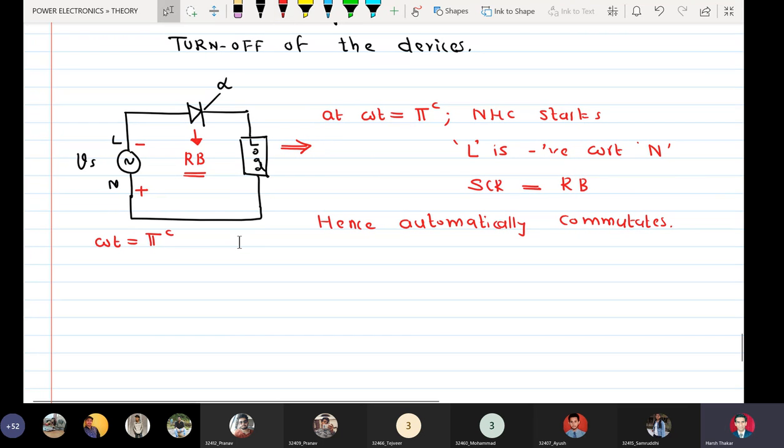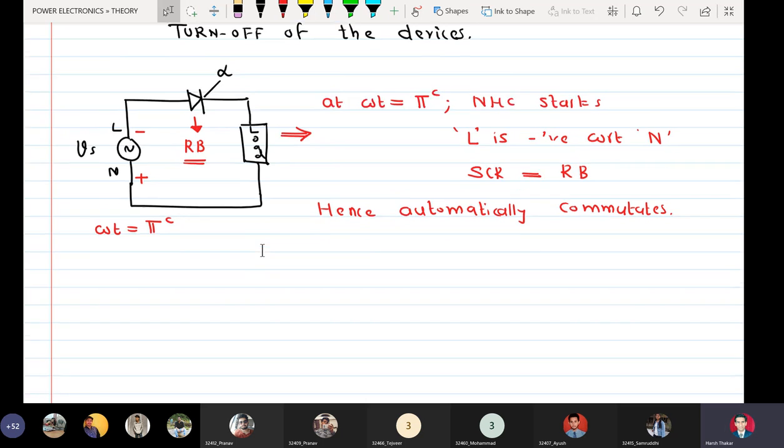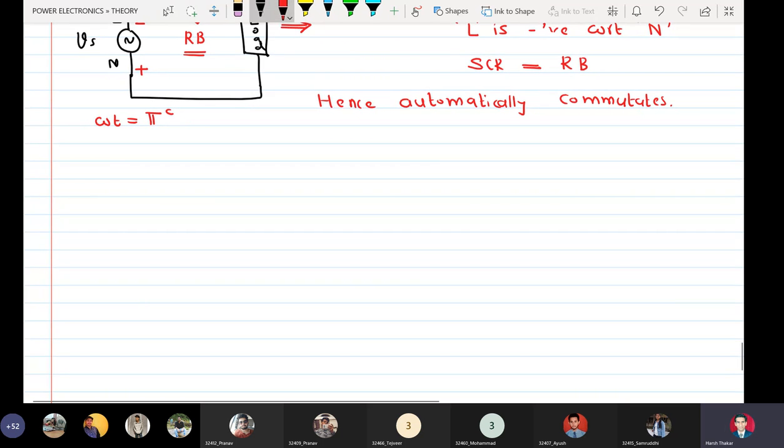Okay, so here I do not need any additional arrangement or circuit to commutate the SCR, but as soon as the main supply reverses its polarity at the beginning of negative half cycle, that is at omega t equal to pi radians, SCR commutates.